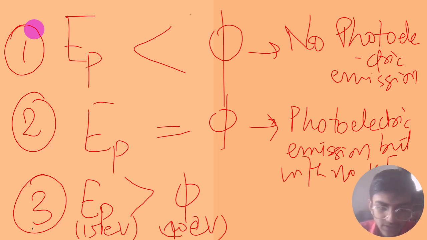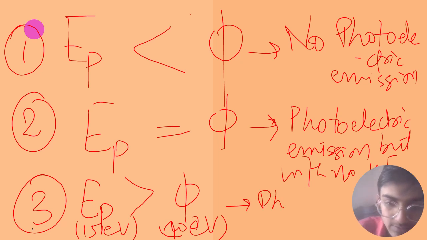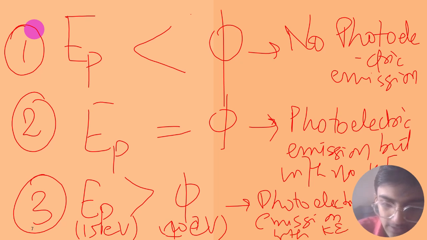The phi amount of energy is used to initiate the process of photoelectric emission, but the difference between EP and phi leads to photoelectric emission with an electron of definite kinetic energy. So here photoelectric emission will occur with kinetic energy.